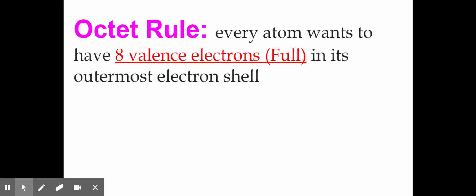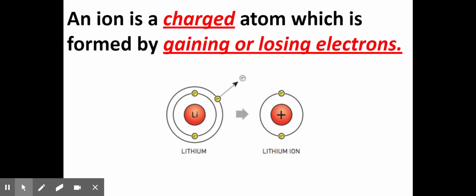So for the first few atoms in the periodic table, like hydrogen, helium, lithium, and a few more after lithium, they would have 2 only, okay, because they don't have that many. But for the rest of them, they would just want to have 8 valence electrons to fill up their most outer energy level.